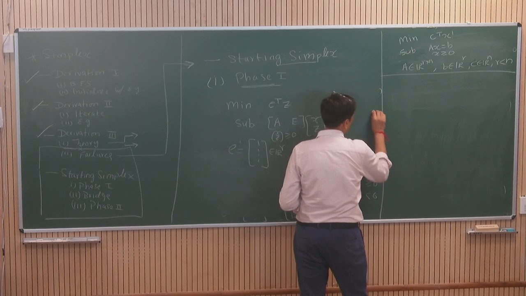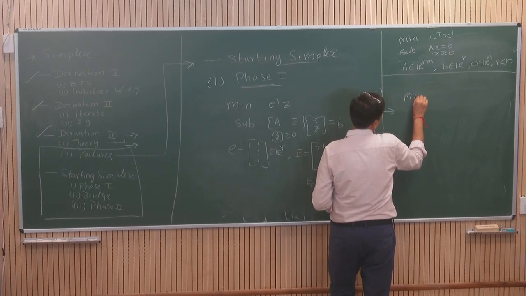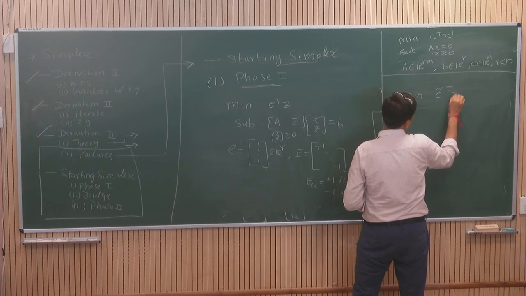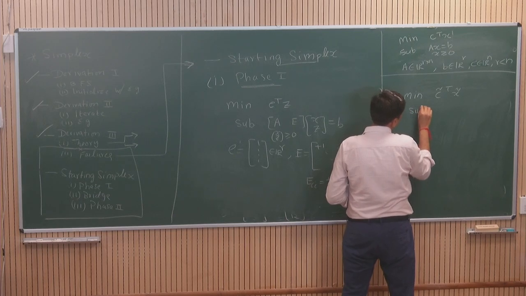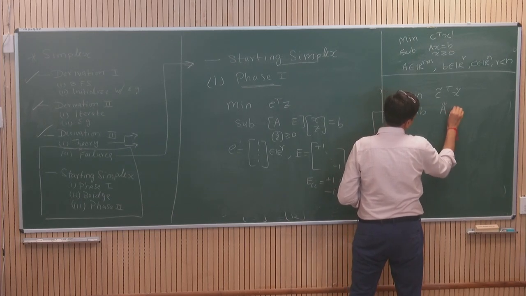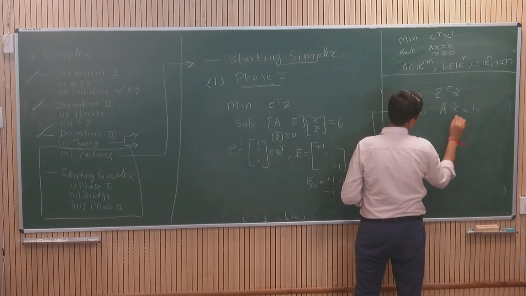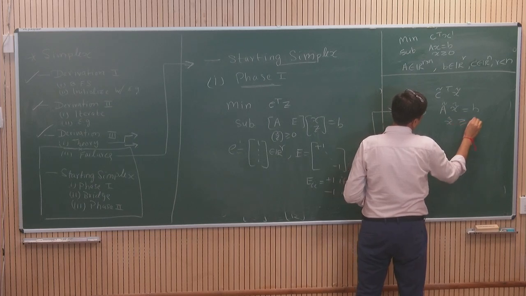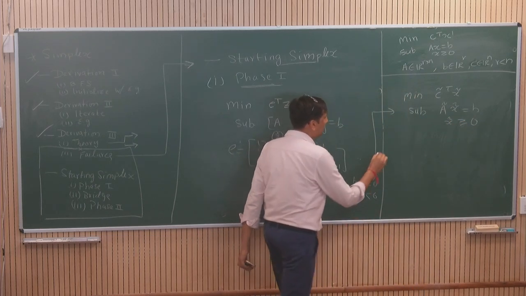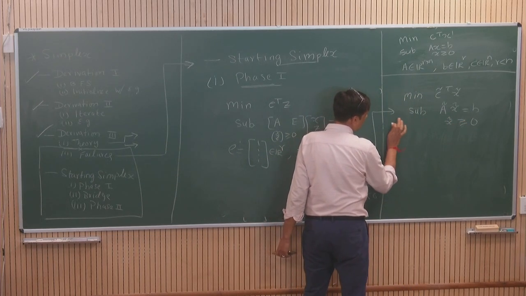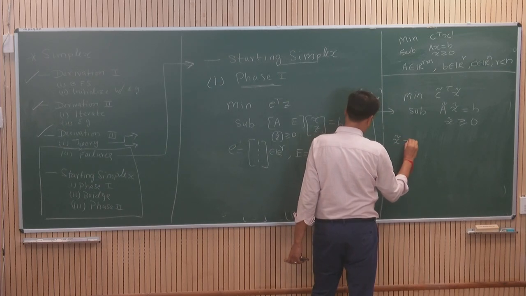Now we'll try to write this LP into the standard form: c tilde transpose x tilde subject to A tilde x tilde equal to b and x tilde greater than or equal to 0. What is c tilde now? Can somebody tell me? What is x tilde?